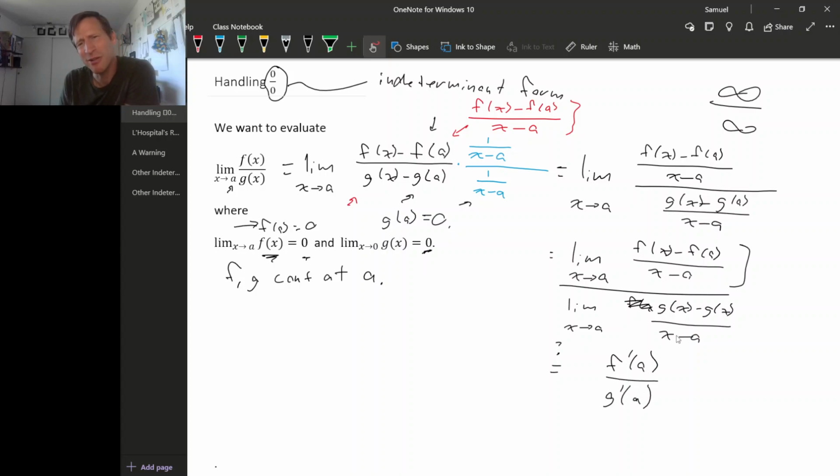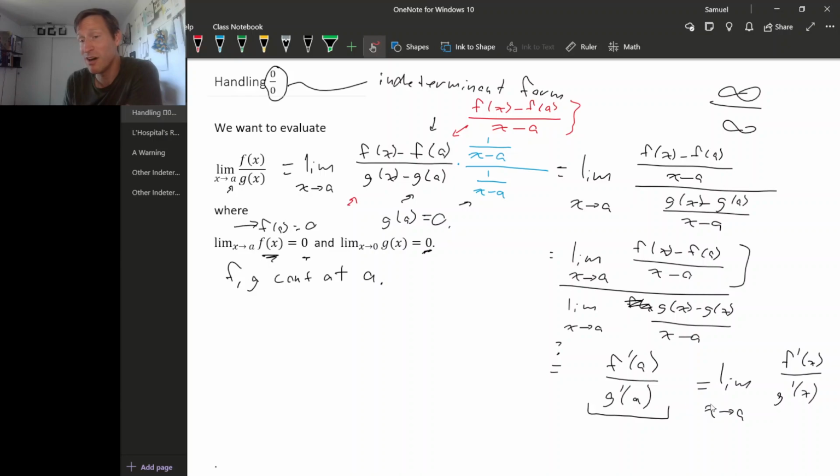But it turns out that all of these extra little assumptions that I made can actually be removed, and the result is, instead of this quotient of derivatives, what you get is the limit as x goes to a of f prime of x over g prime of x.